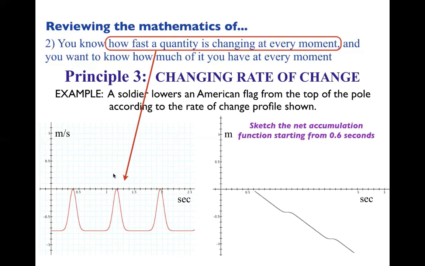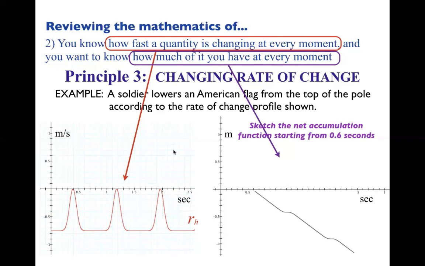In this problem, we're given the rate of change function, and we want to know how much we have. Well, that relates to the net accumulation function, right? Net accumulation and how much we have are very closely related. If you know how much change you have, then it's pretty easy to figure out how much you have, okay?